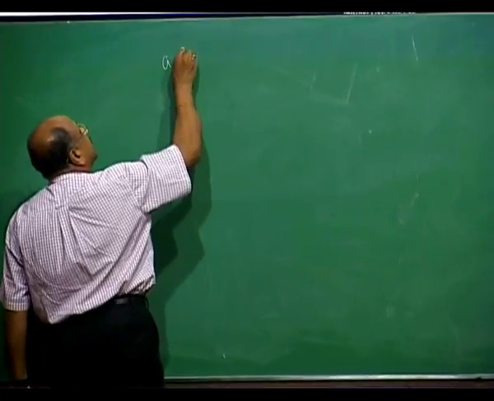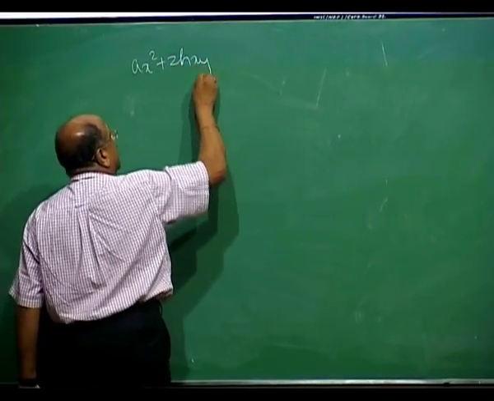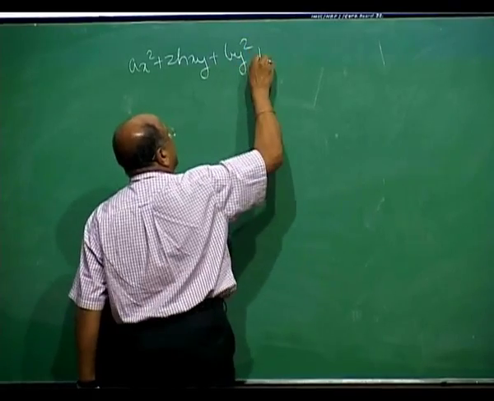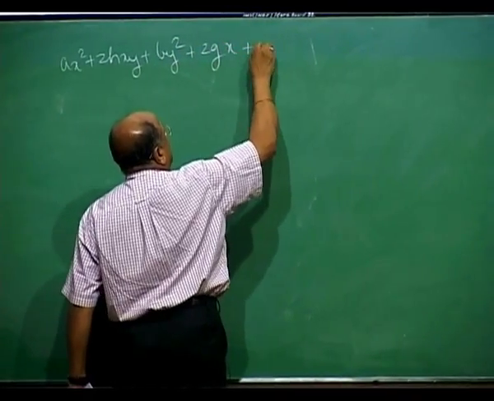So now we look at the general equation of second degree. So ax square plus 2hxy plus by square, now there are lower order terms.